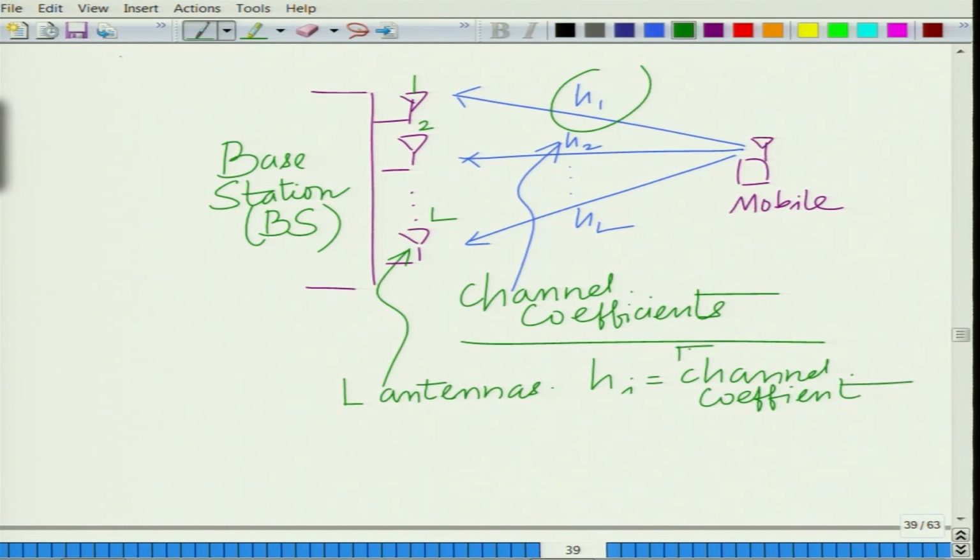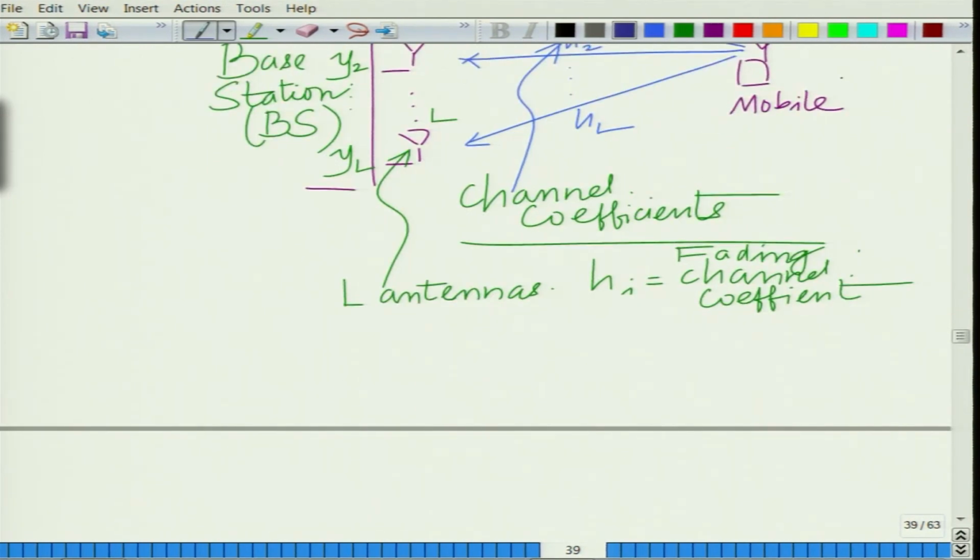One can also call this the fading channel coefficient, and the output symbols on these L antennas we denote by Y1, Y2, YL, and the transmit symbol is X.